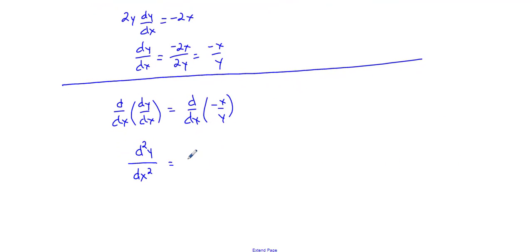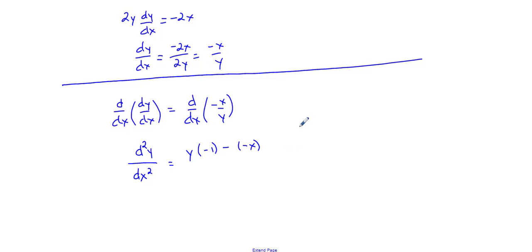All right, low, which is y, d high, negative 1, again with respect to x, minus high, negative x, d low, derivative of y with respect to x.